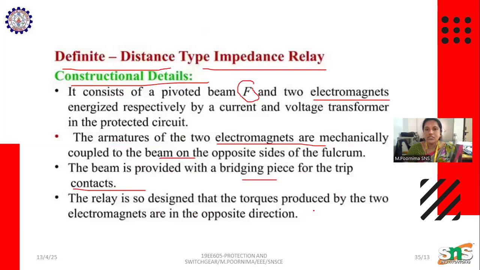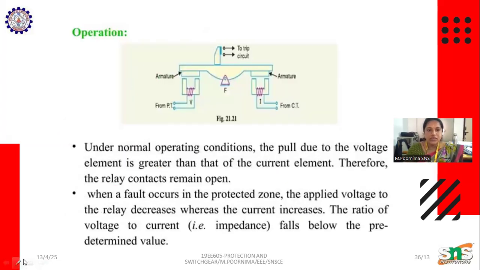The relay is designed so that the torques produced by the 2 electromagnets oppose each other. Now coming to the operation. When this coil is energized, this armature gets attracted. If it gets attracted, it will slide and move away from the trip circuit.